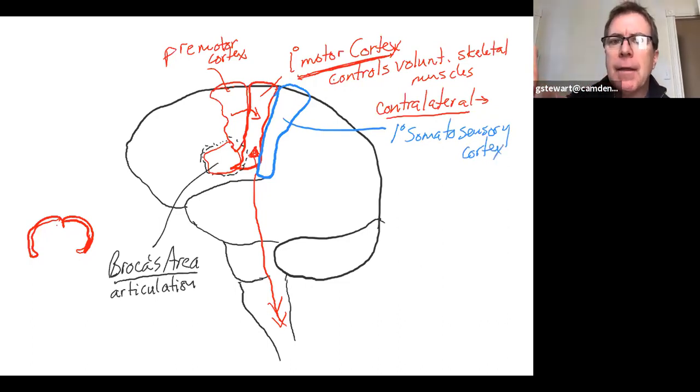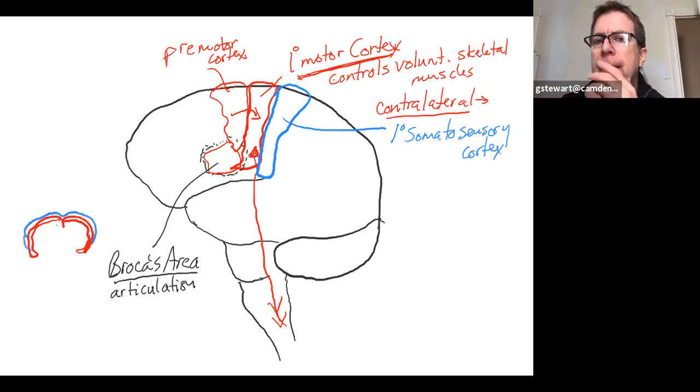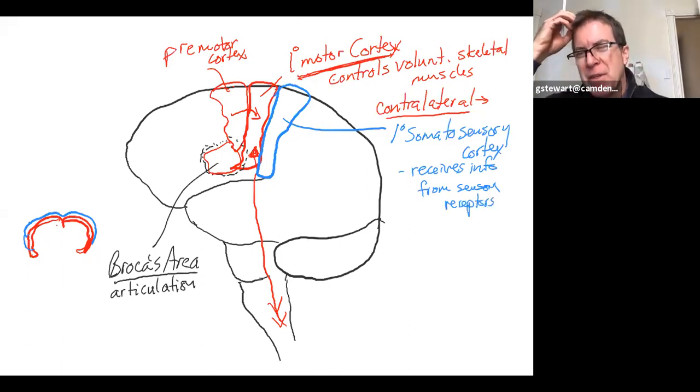It does the same thing. It loops around both sides on both hemispheres, but it's behind the primary motor cortex, sits behind it. It receives information. It's a receiving center. Receives info from sensory receptors. Mostly from the skin, but also from proprioceptors in our joints and stuff.